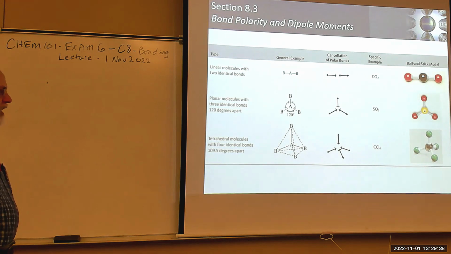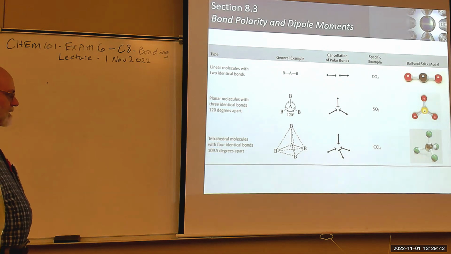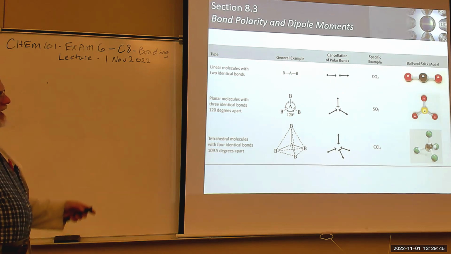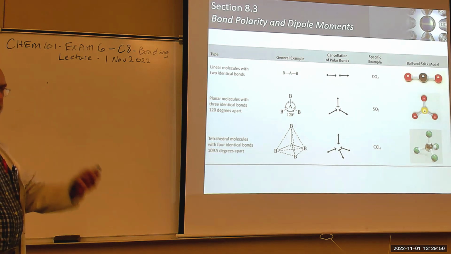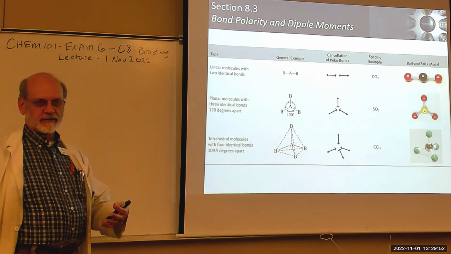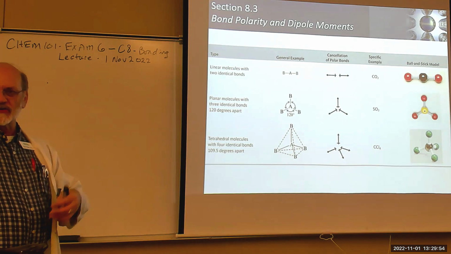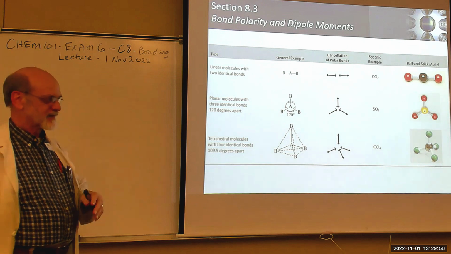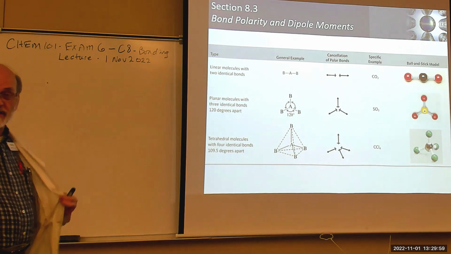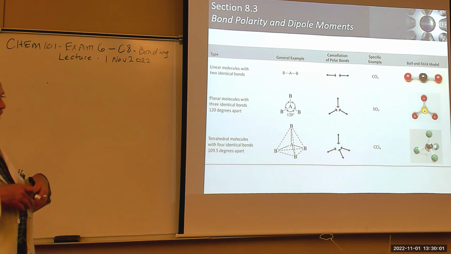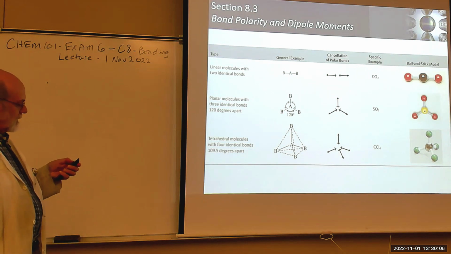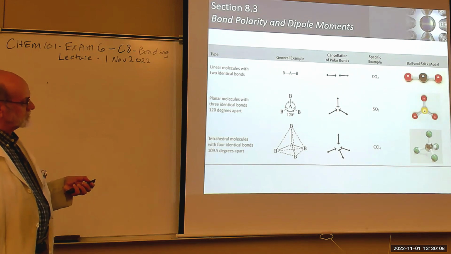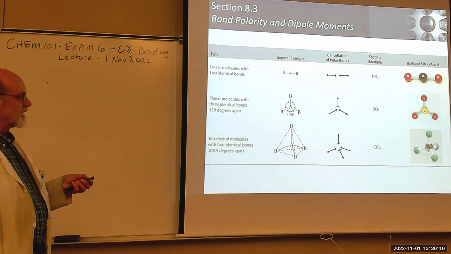So if we're going to talk about molecular geometry, we need to know something about regular three-dimensional objects. Everybody had geometry? Okay, so you're familiar with regular shapes. This obviously would be linear, like carbon dioxide.